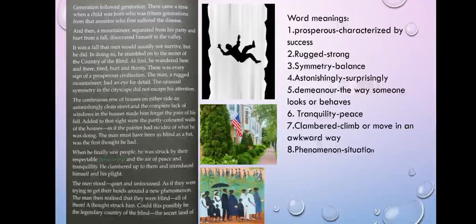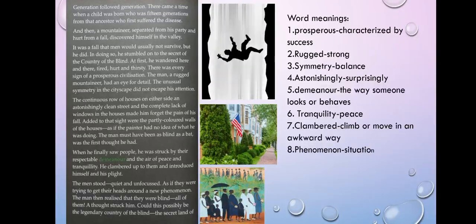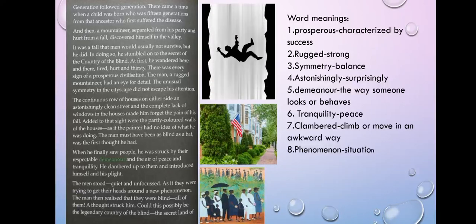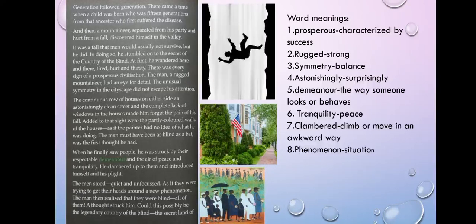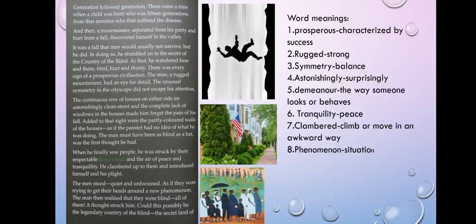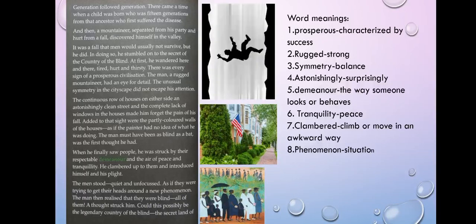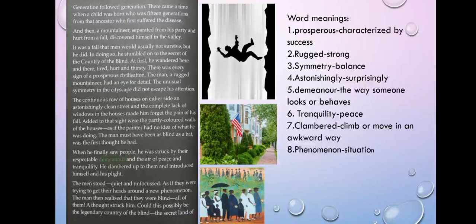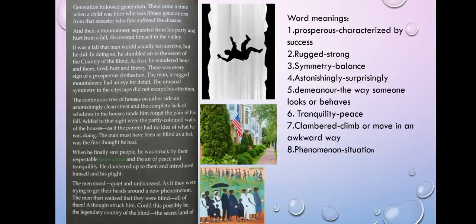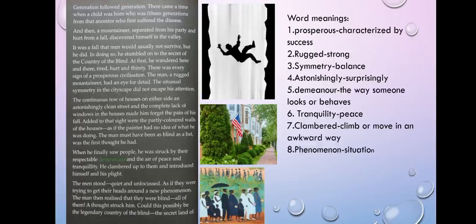The continuous row of houses on either side, an astonishingly clear street, and the complete lack of windows in the houses made him forget the pain of his fall. He was very much interested in what he had seen. The houses were there but there was no window. The streets were very neat and clean, so he was very much surprised.